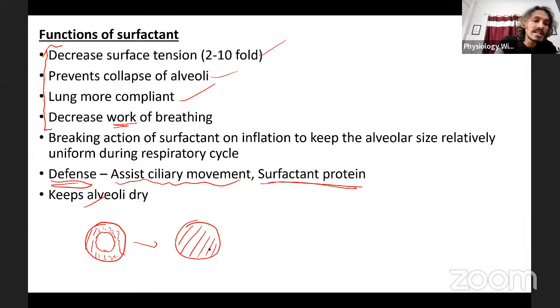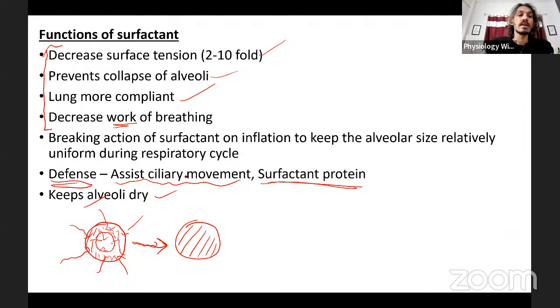So what it will do, it will try to pull more water from the interstitial fluid, because of this surface tension which is there. But the surfactant will reduce the surface tension and hence reduce this tendency, hence keeping the alveolus dry.